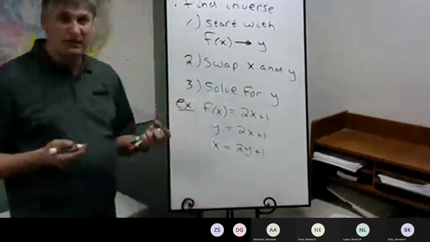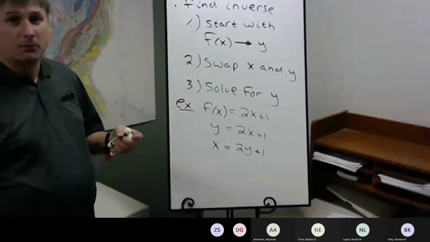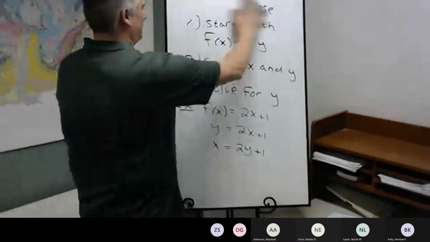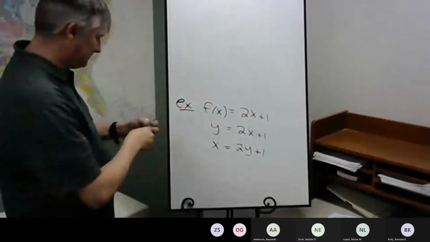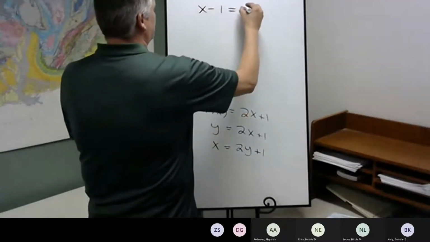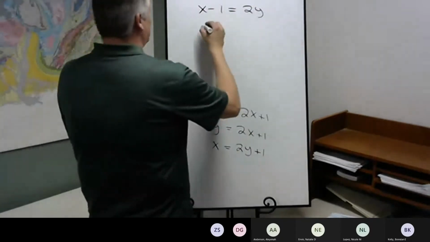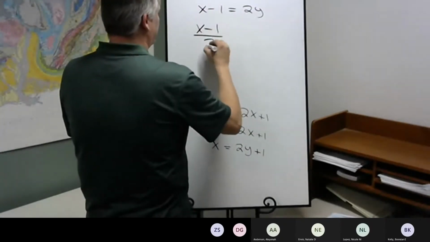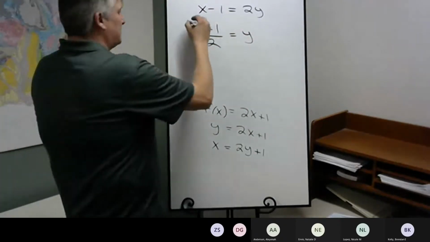So we're just switching the labels. And now what we're going to do is we're going to solve for y. So again, x minus 1 is 2y. Divide both sides by 2. X minus 1 divided by 2 is equal to y. And so you could just call this your inverse.